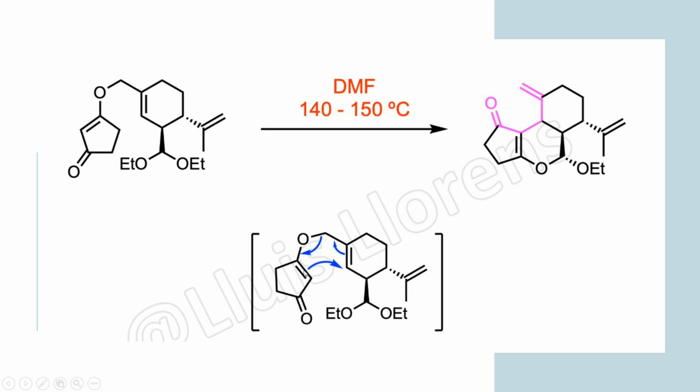This double bond will first attack at the neighboring ring carbon-carbon double bond, which will then undergo rearrangement to give us a carbon-oxygen double bond at this position. And this carbon-oxygen bond is going to break. This is how we get this Claisen rearrangement final product as the product in this given reaction.